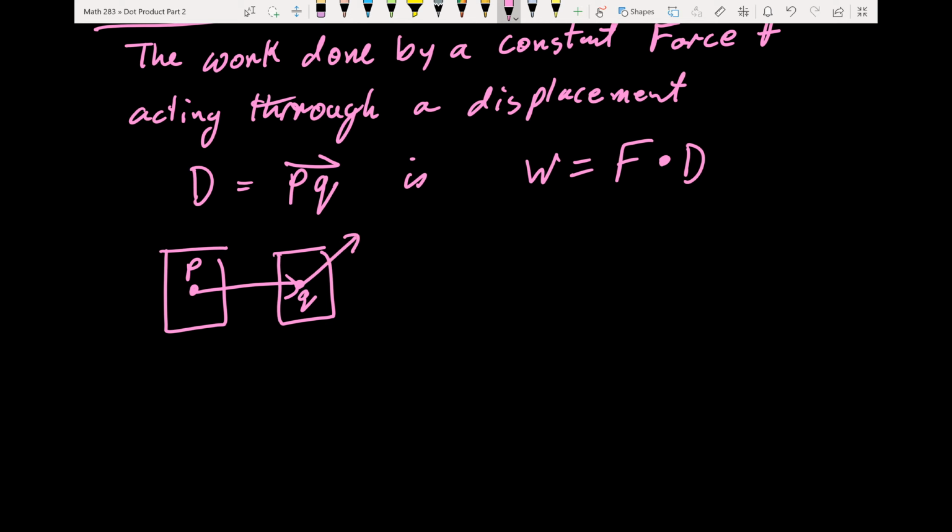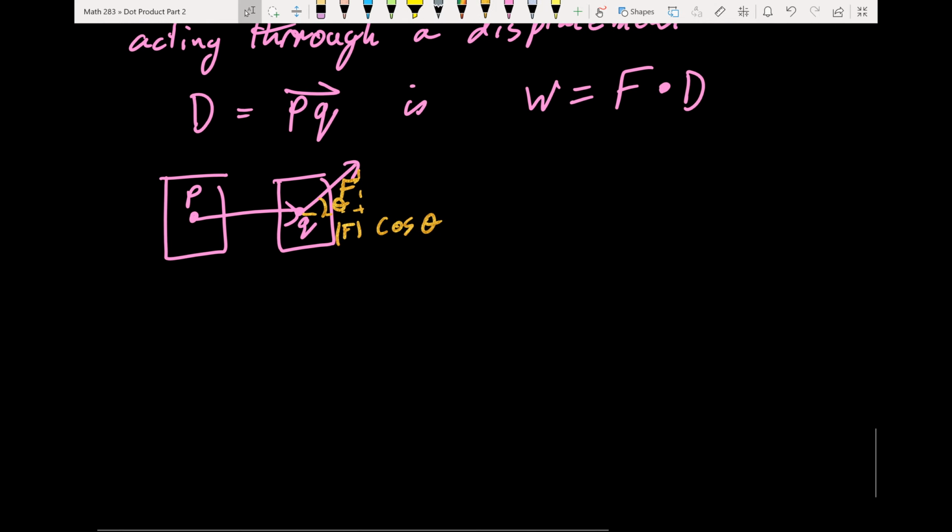No, it has some displacement. That's your force right over here, and that's that angle. So there's some stuff going on. Let's look at it. What's happening over here?